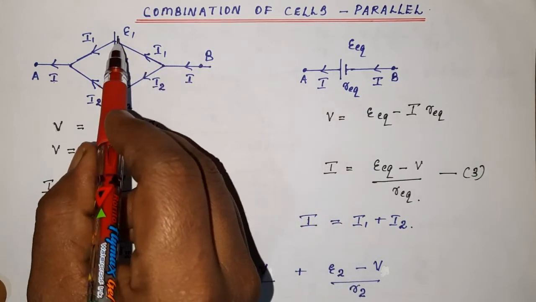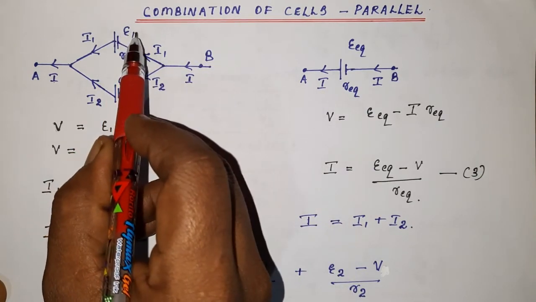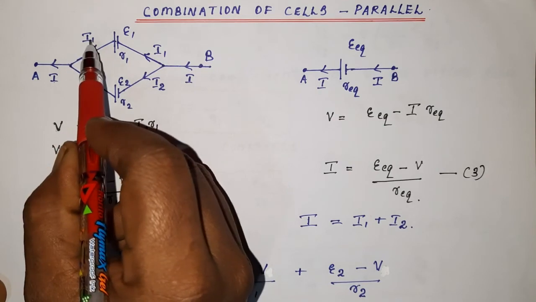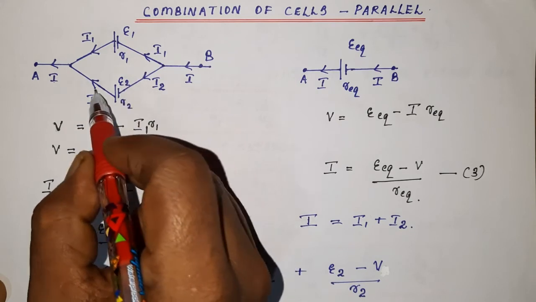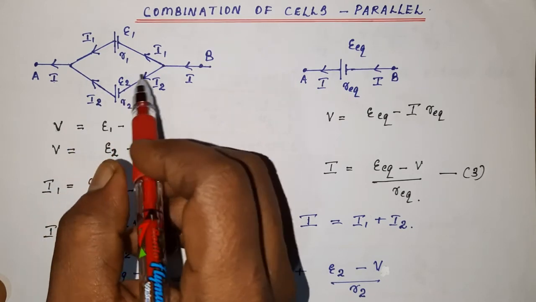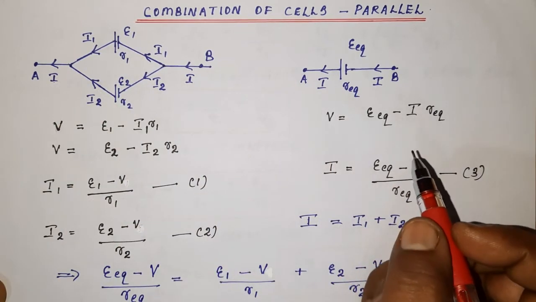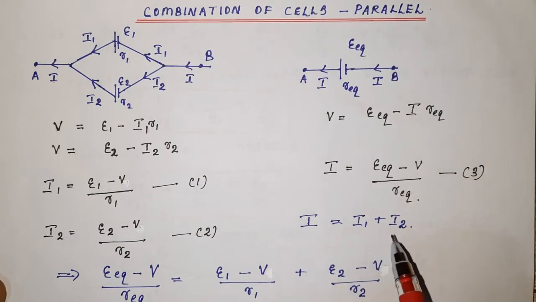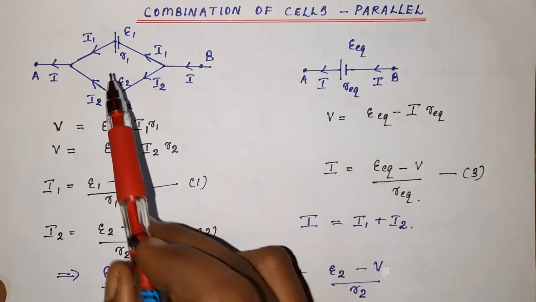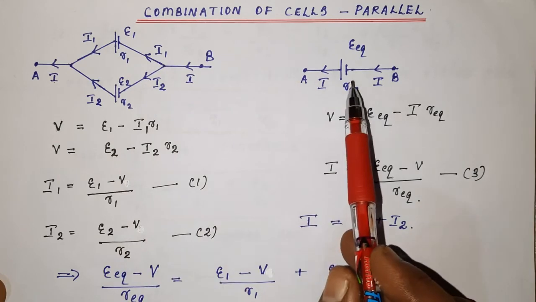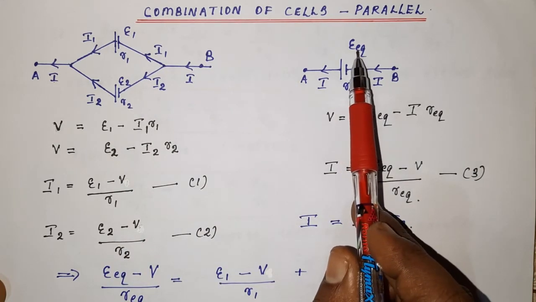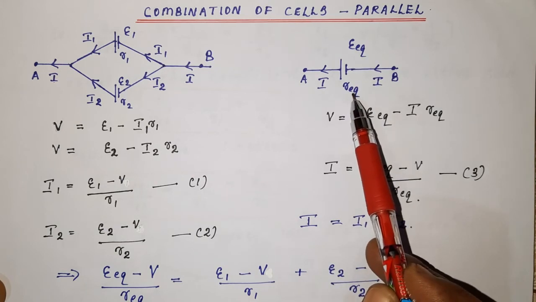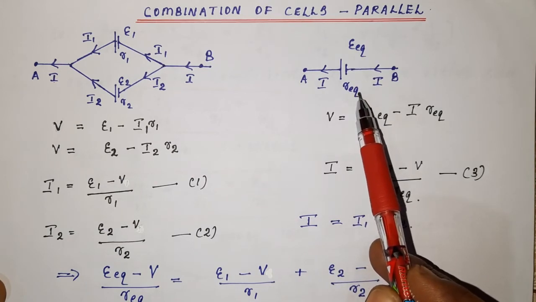The cell of EMF epsilon 1 sends a current I1 and the cell of EMF epsilon 2 sends a current I2, so that total current I becomes I1 plus I2. We replace this combination with an equivalent cell whose EMF is epsilon equivalent and internal resistance is R equivalent.